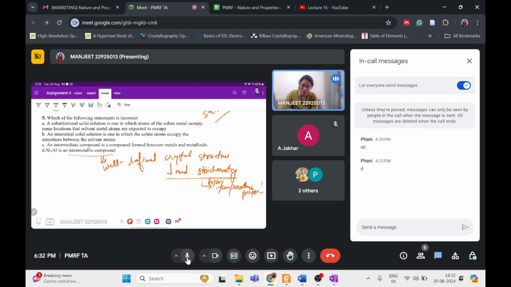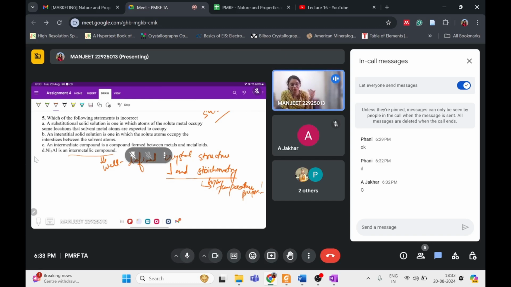In the first one, it is said that the substitutional solid solution is the one in which the solute atom we are mixing occupies a location that the solvent metal is expected to occupy.